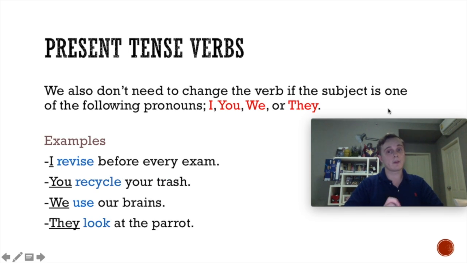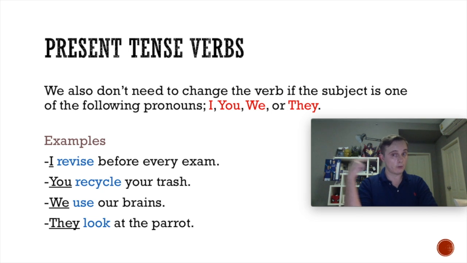We also don't change the verb if the subject is one of the following pronouns: I, you, we, or they. So we've just talked about how we don't change the verb for a plural noun. But some of these pronouns can actually be singular.